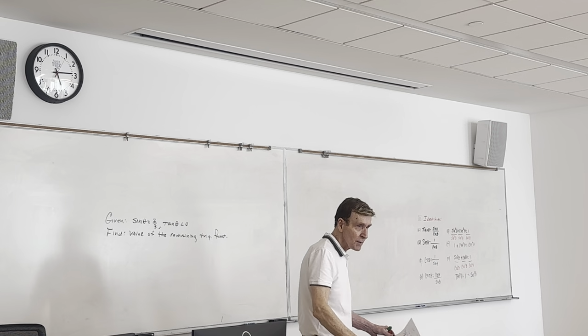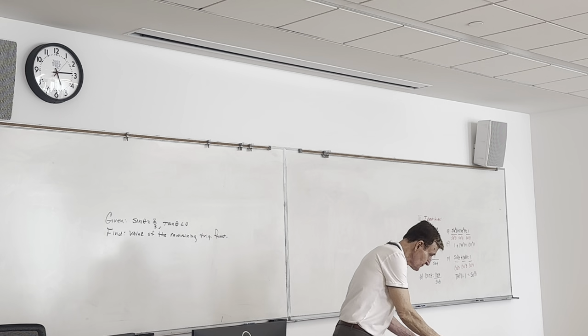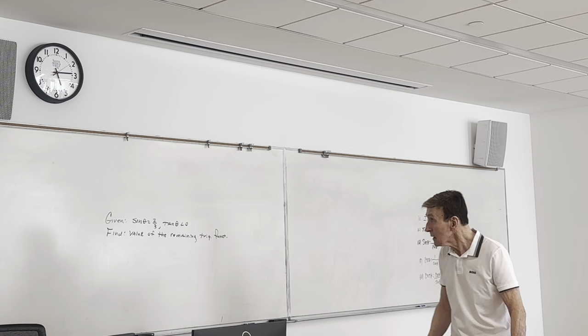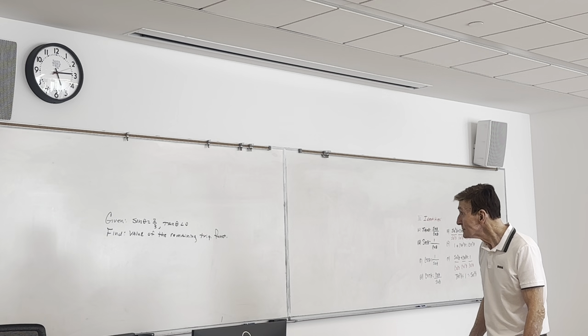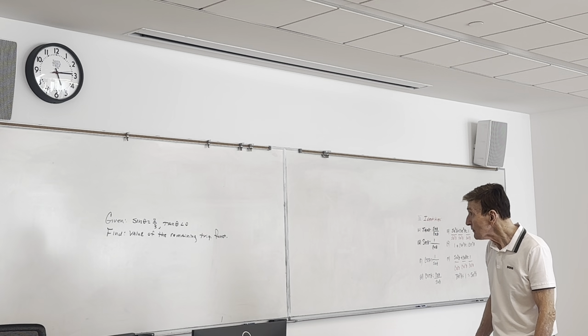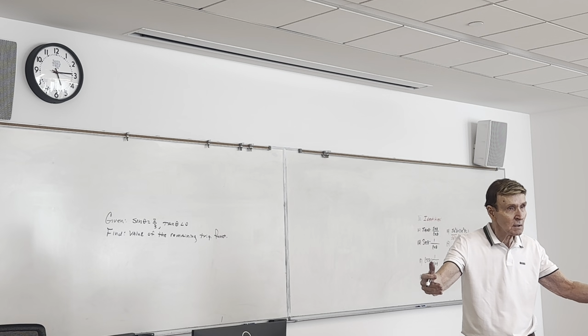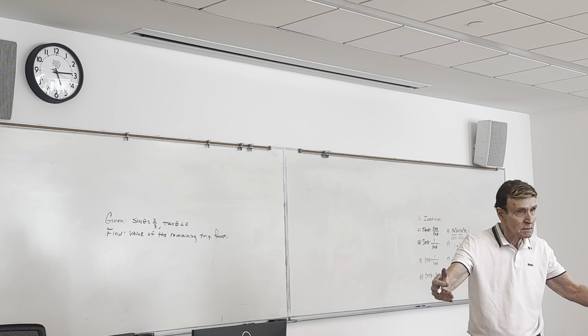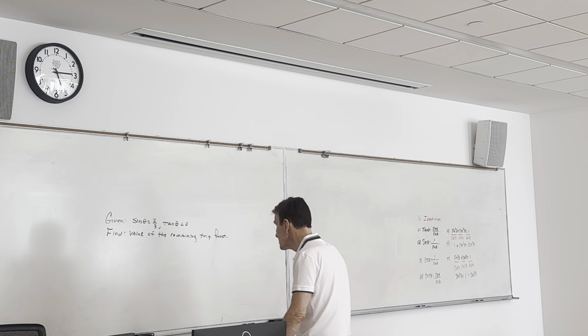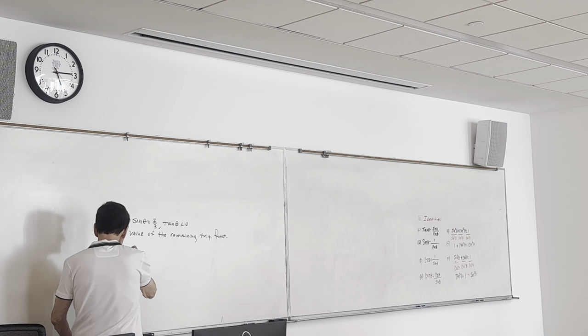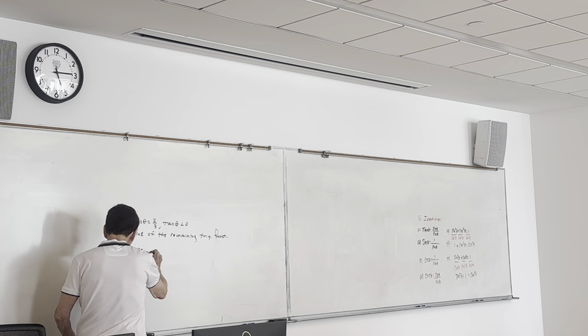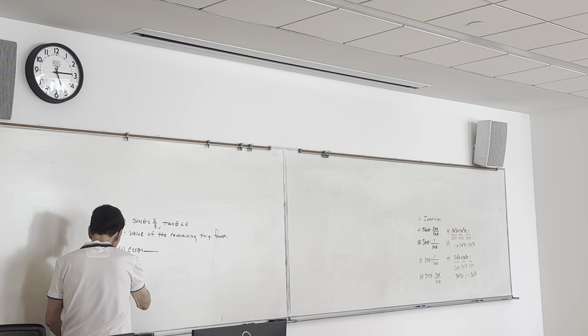We're about to close down here, then we'll review a little bit. Let's step back and look at it. Beautiful. Find the value of the remaining trig functions. How many trig functions are there altogether? 6. I gave you sine. That means you gotta find cosine. You gotta find tangent.